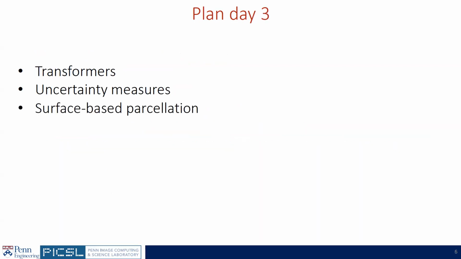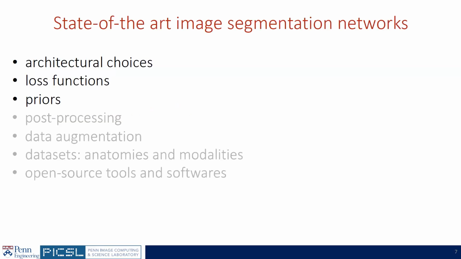And then try to cover what is happening in the field with particular architectures such as transformers, surface-based parcellations, what uncertainty measures mean, diffusion models, and normalizing flows. Yeah, so let's get on with day 1.